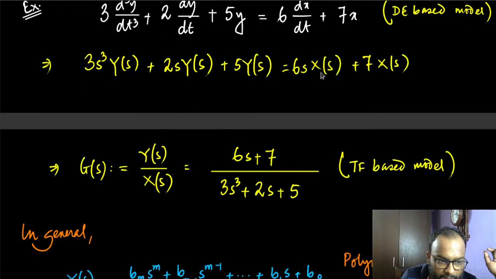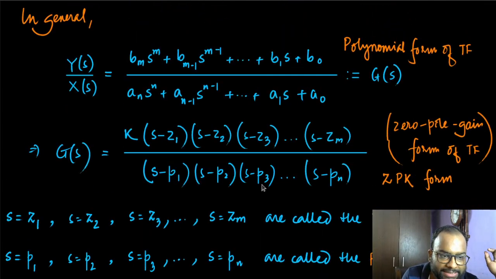So with that being said, this is an nth order polynomial, this is an mth order polynomial, and the number of zeros will be at most equal to the number of poles. Got this?